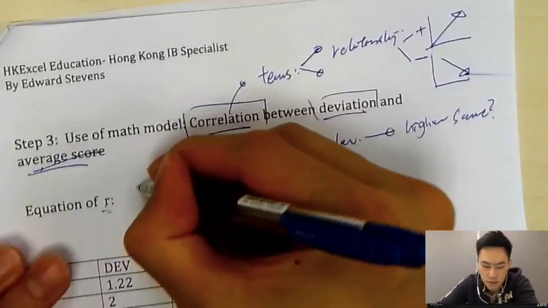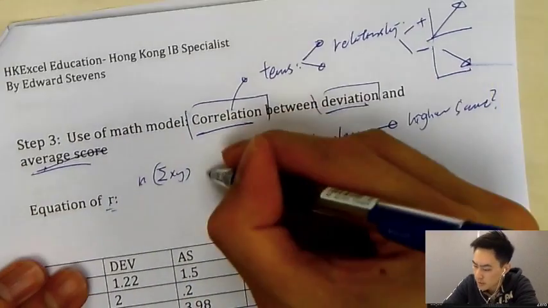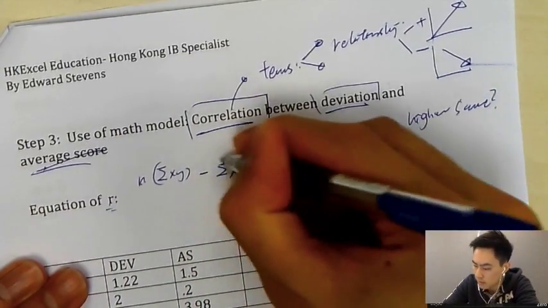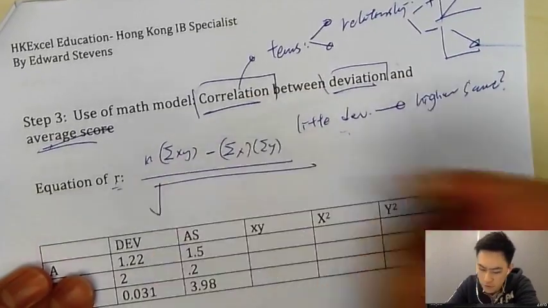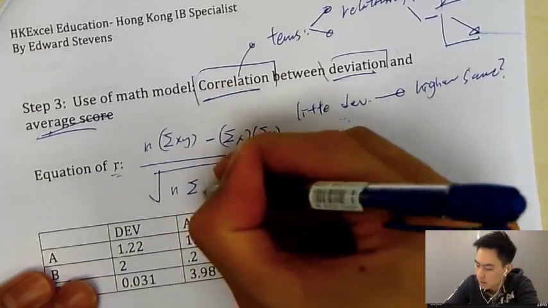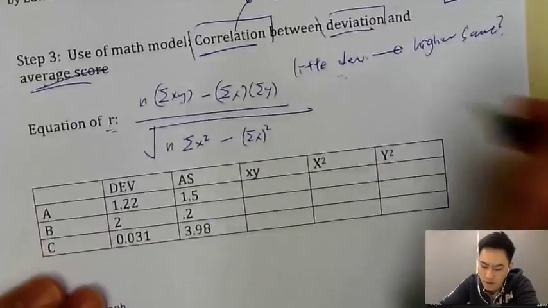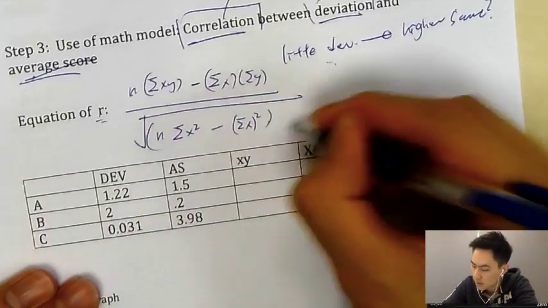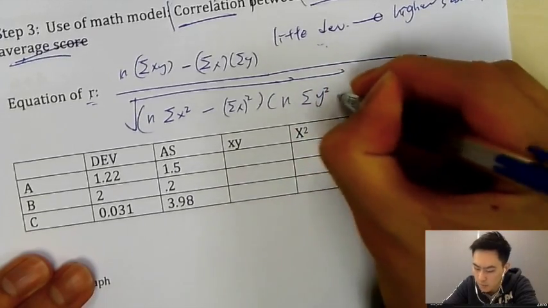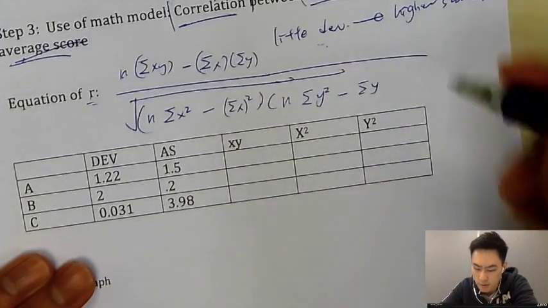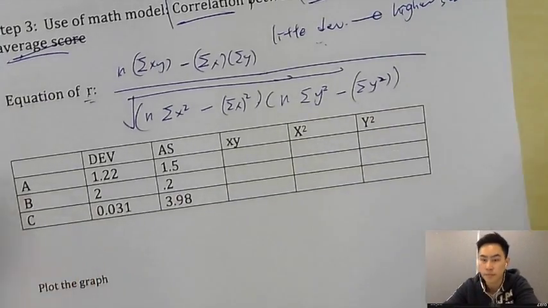It is here: n times summation xy, minus summation of x times summation of y, over the square root of n times summation x squared minus summation x, all squared, times, it's very, very long, n times summation of y squared minus summation y, all squared, and then close the bracket.